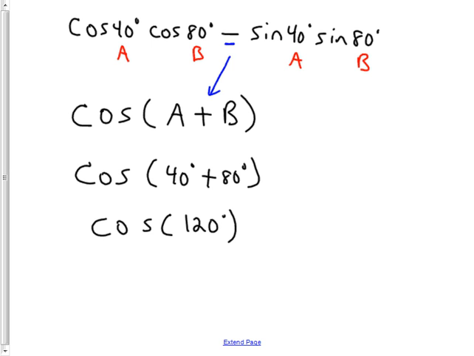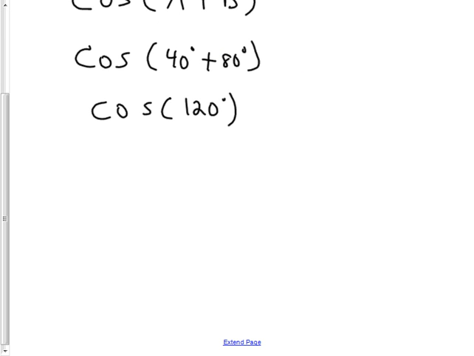So the point really was just kind of testing you and making sure you can recognize which formula it is. And it was the cosine sum formula expanded. And so we put the formula back together into its form before it was expanded, which is just cosine of A plus B. And then I plugged in my values for A and B respectively. So now we have the cosine of 120 degrees. So we're in the second quadrant, and we have a reference angle of 60 degrees.